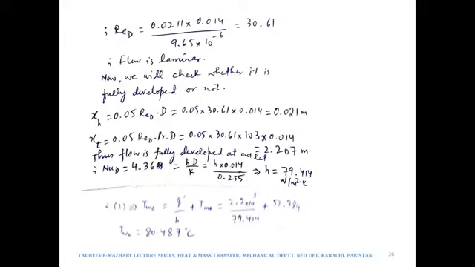So in order to find out whether it is fully developed or not, we will find out the hydrodynamic entry length and thermal entry length, these two entry lengths. For laminar flow, as discussed previously at the start of this chapter, hydrodynamic entry length is given as 0.05 Reynolds number times diameter, and if this is multiplied by Prandtl number, we get the thermal entry length. By putting in the values, we get it as 0.021 meters.